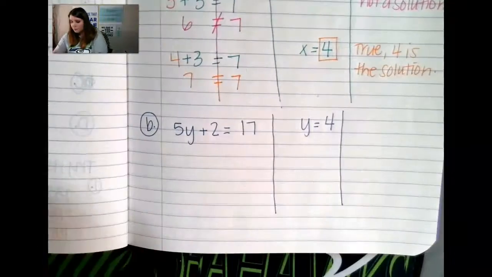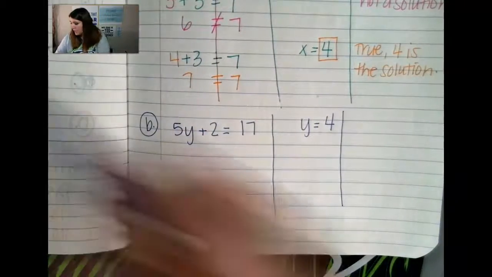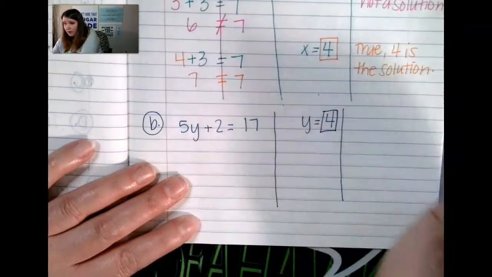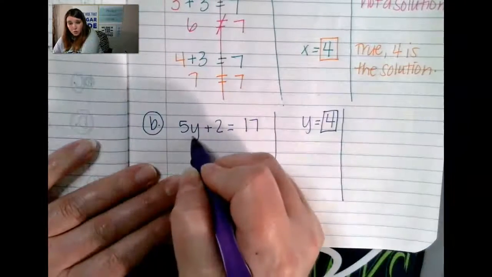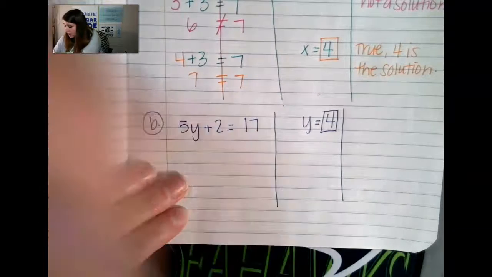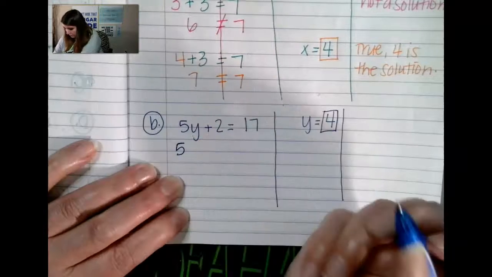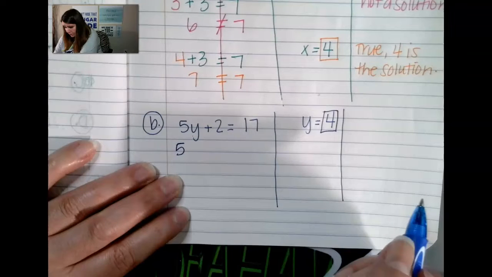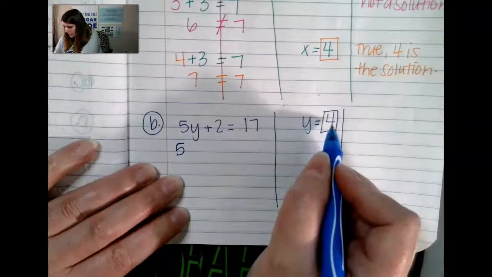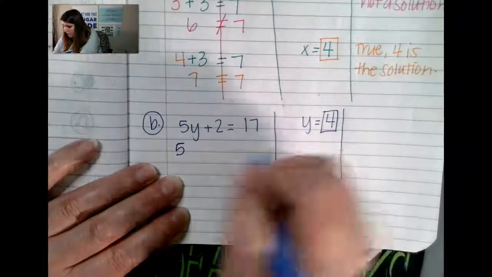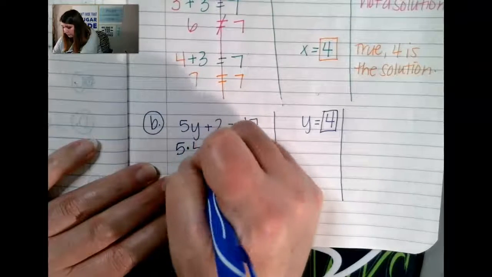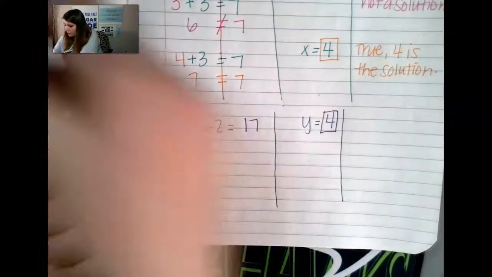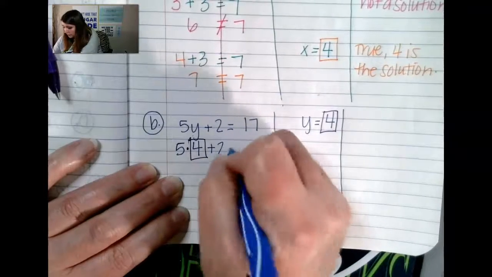All right, so our first job is to take this 4 and put it in for y. Sometime before we learned a number stuck to a letter means to multiply. So when we substitute, we're going to take 5 times 4, so there's my substitution right there, plus 2.